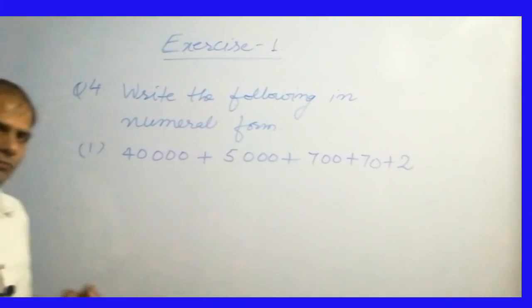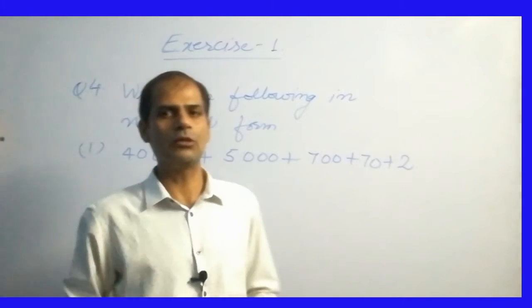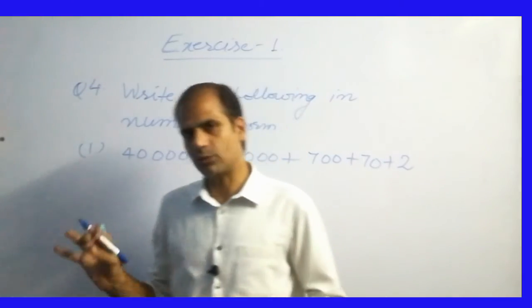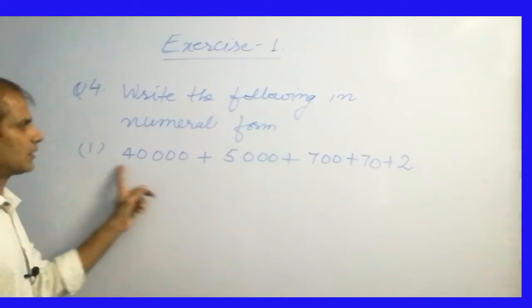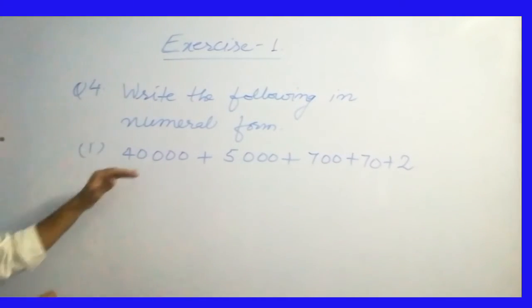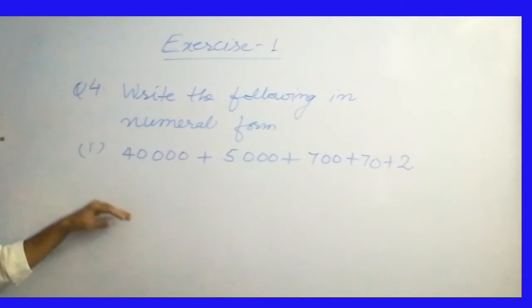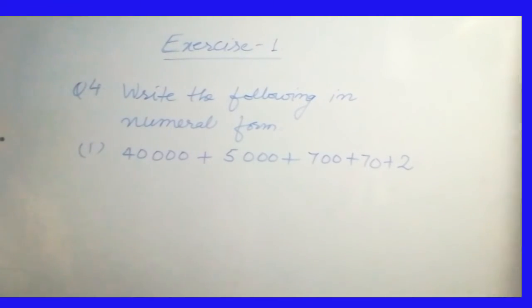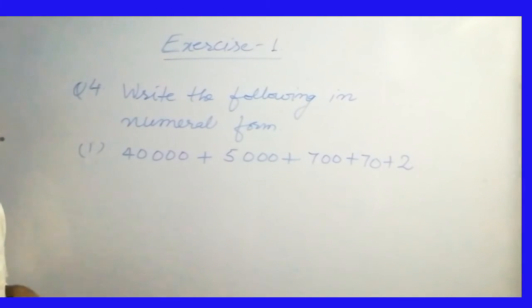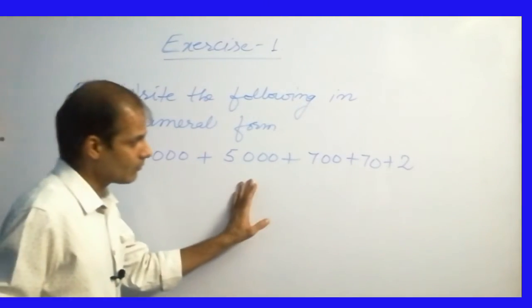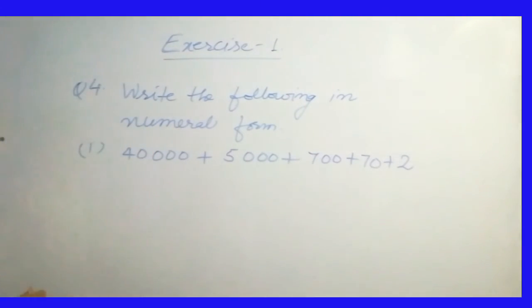Now, first of all, I want to tell you how to solve this question quickly, means within few seconds. See, this is an expanded form and we have to write an equivalent numeral, means इस expanded form के जो सेम न्यूमरल होगा, जो नंबर होगा, उसको हमें लिखना है. ओके, नाउ trick is that just count the number of zeros.